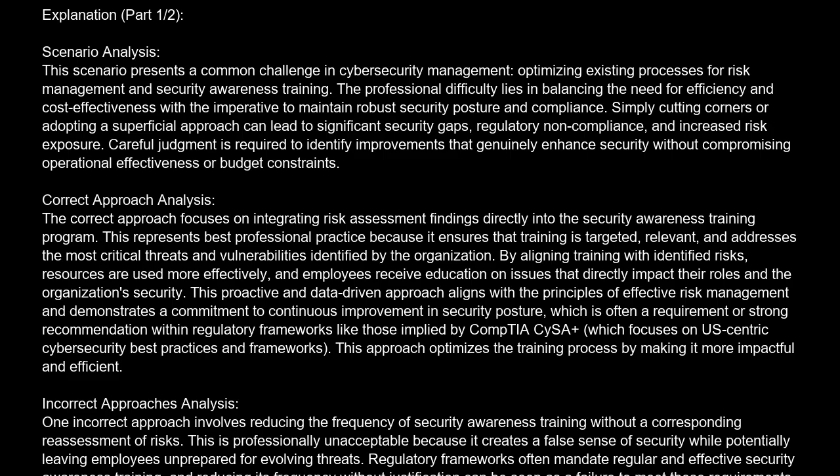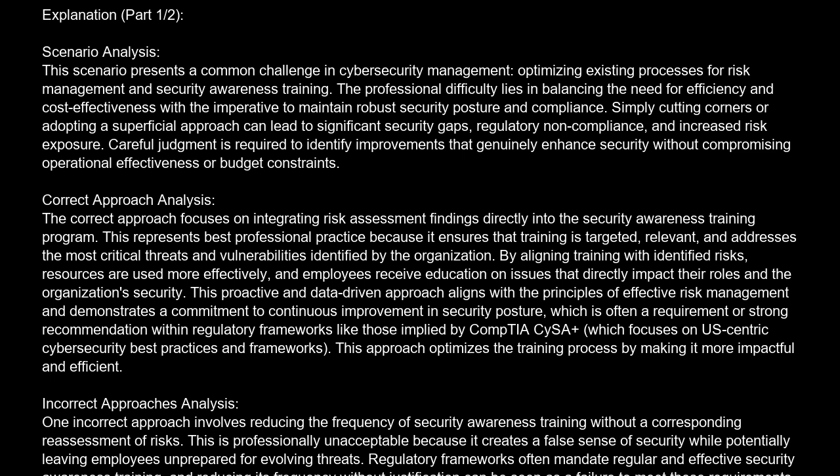This scenario presents a common challenge in cybersecurity management, optimizing existing processes for risk management and security awareness training. The professional difficulty lies in balancing the need for efficiency and cost-effectiveness with the imperative to maintain a robust security posture and compliance.